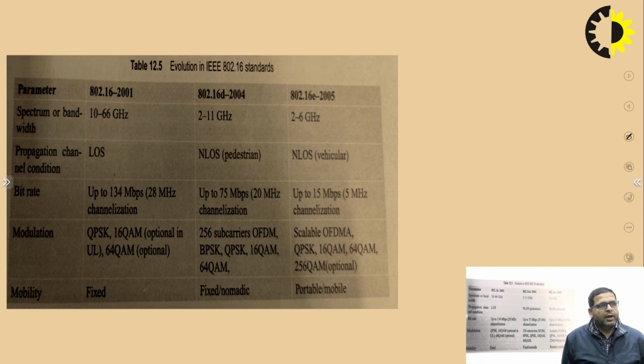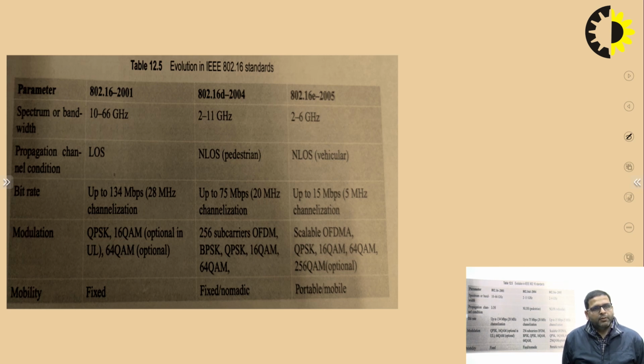802.16 has a spectrum of 10 to 66 gigahertz, while the spectrum range of 802.16d is 2 to 11 gigahertz, and in 802.16e a range of 2 to 6 gigahertz is used.